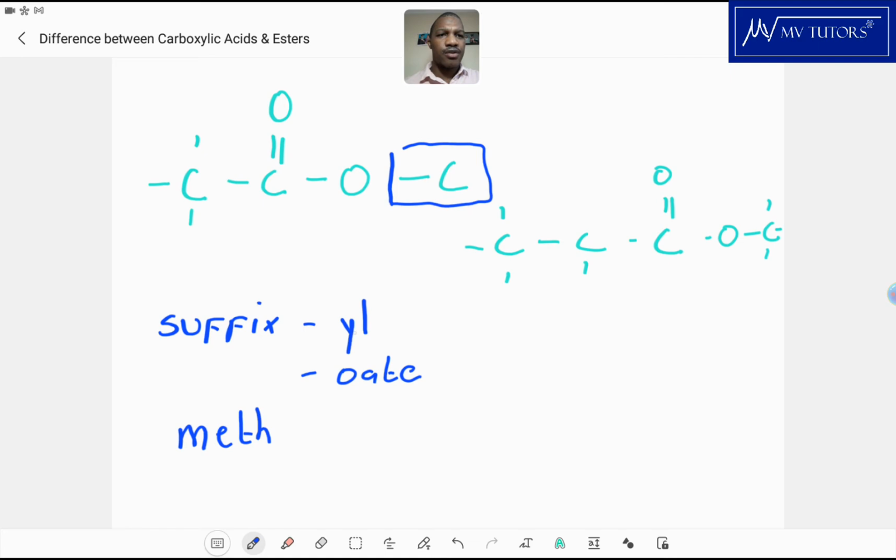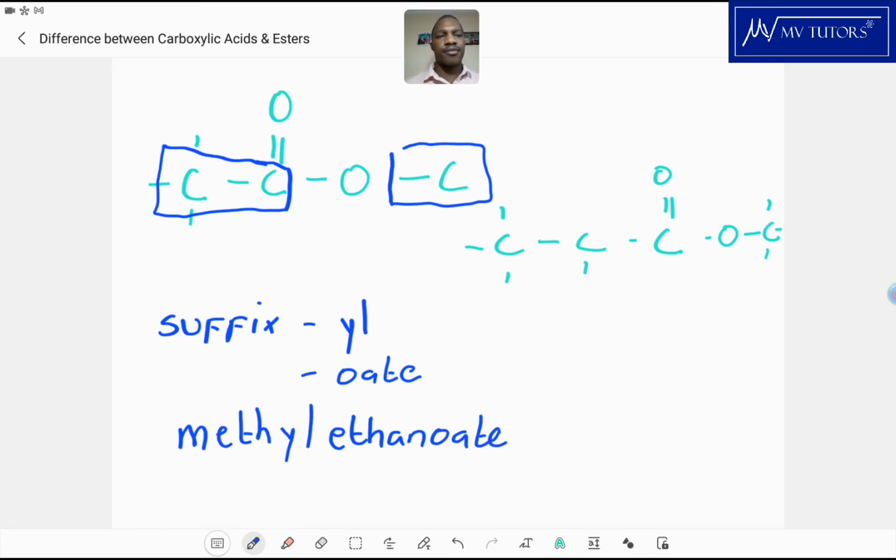Meth, and then you put the suffix yl. And then you go to look at the double bonded oxygen and see how many C's it has. Now this one has 2 C's, which makes it, if meth is 1 C, then eth is 2 C's. So it makes it an ethanoate. Ethan, and then you put the suffix oate.